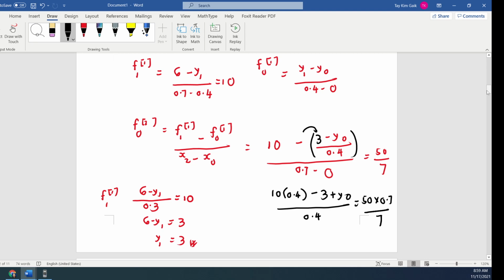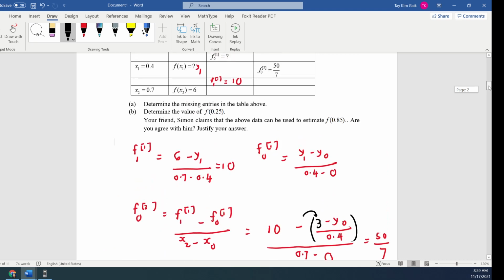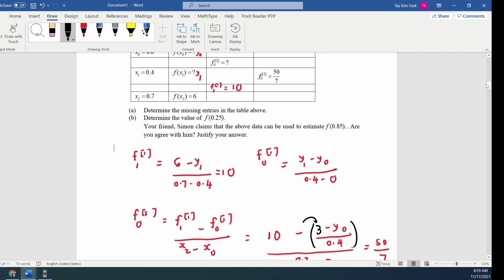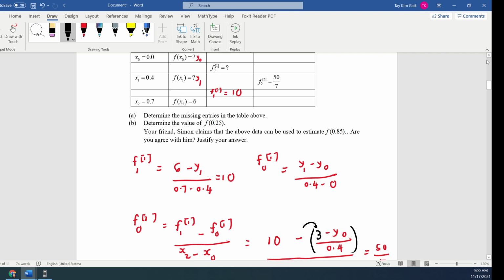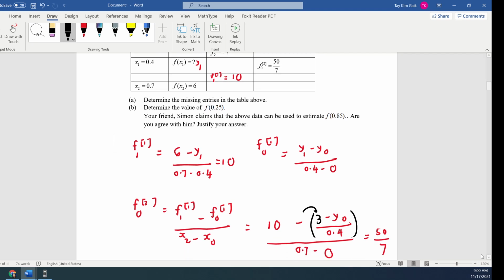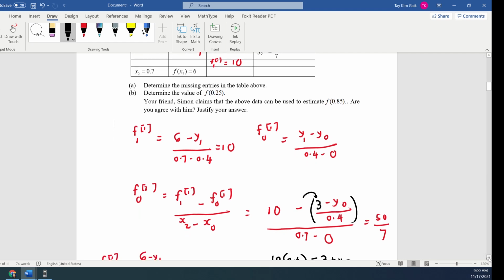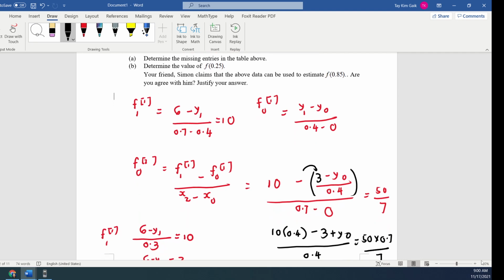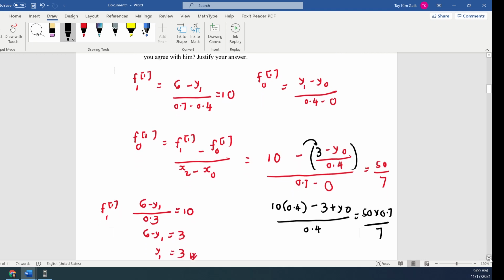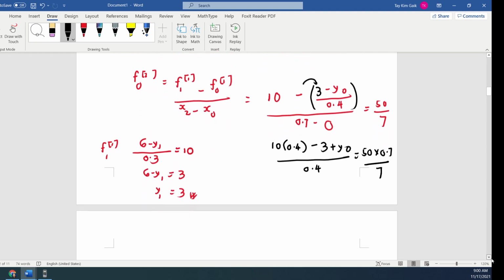And then f02 is f11, which is 10, minus f01. f01 is y1, which is 3. So 3 minus y naught, divided by 0.4 minus 0, which is 0.4. Given the equation f02 is equal to 50 over 7, now you have one unknown, and from one equation you can solve for y naught.